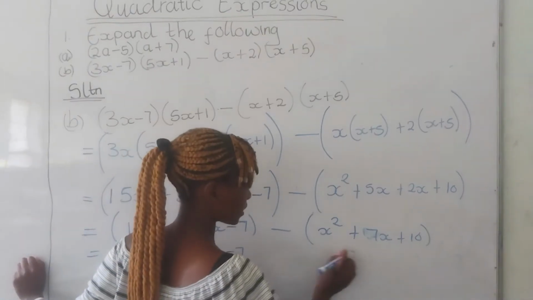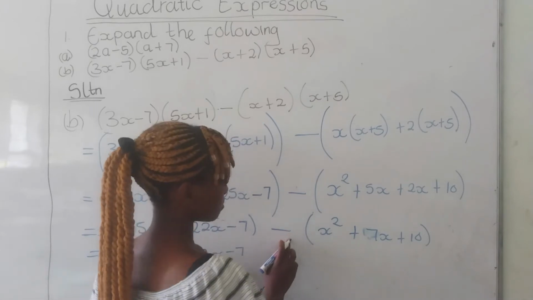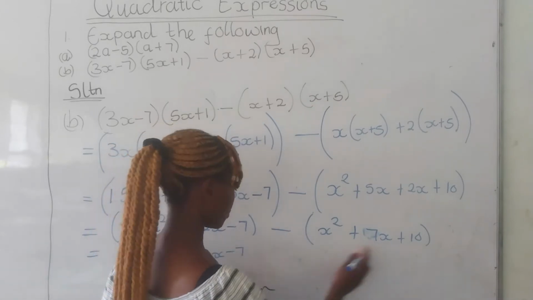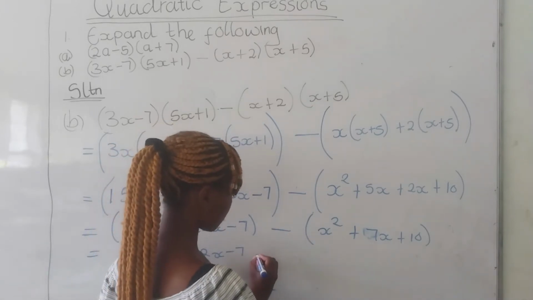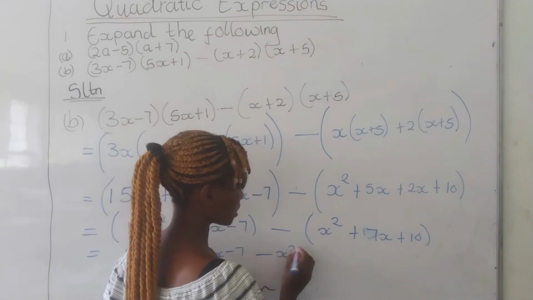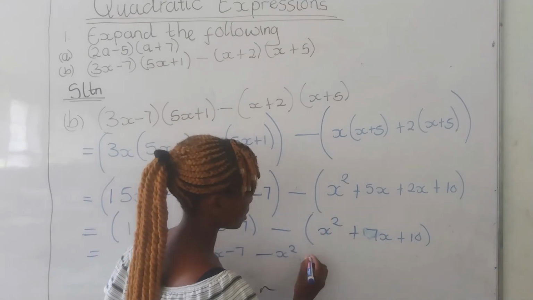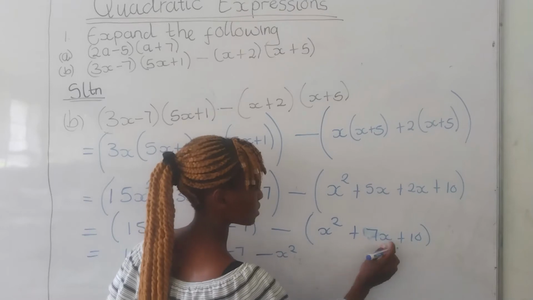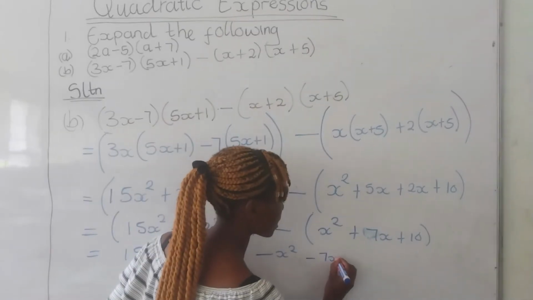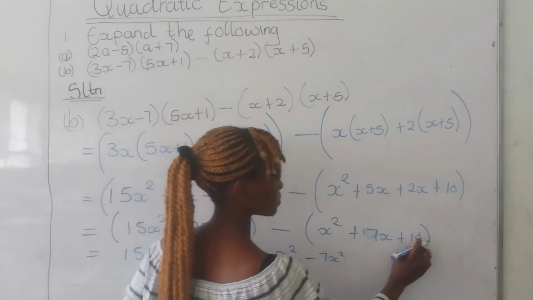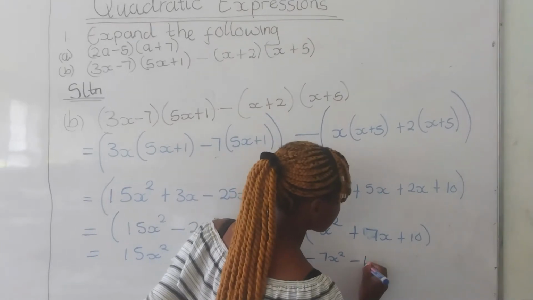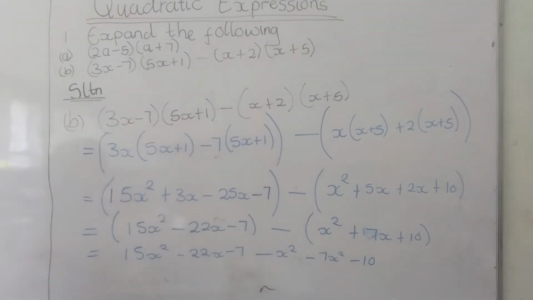We multiply this minus 1 into everything that's in the bracket. That should give us minus x squared, then minus times plus 7x is minus 7x, minus times 10, again minus 10. Okay, so this would be my answer.